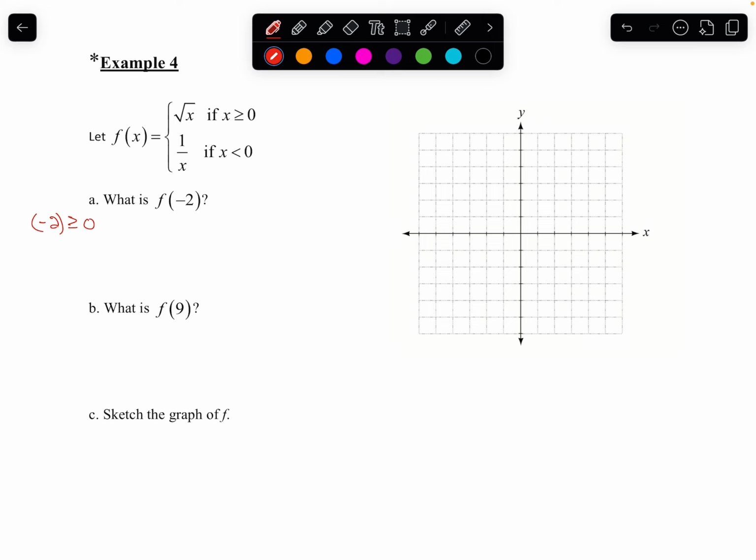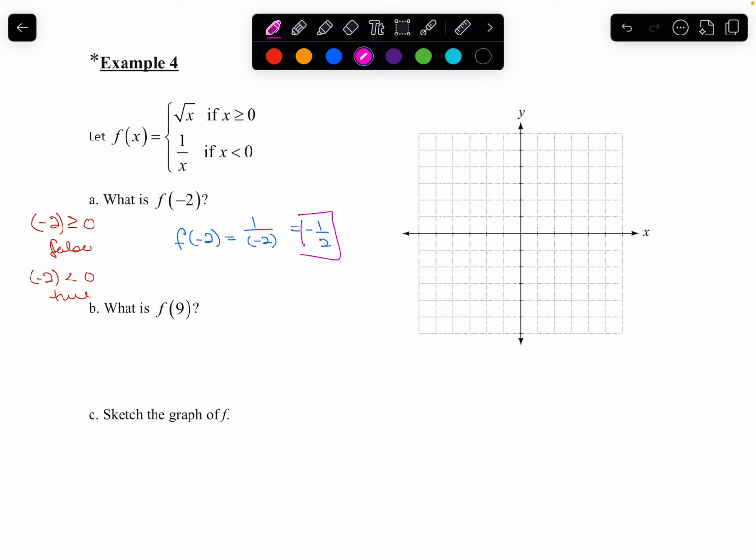But -2 is not greater than or equal to 0, so this gives me a false statement. When I look at the second if statement, -2 is less than 0, this is true. The minute I find one of them being true for my value, that's the formula I'm going to use. So f of -2 is equal to 1 over -2, which is -1/2.